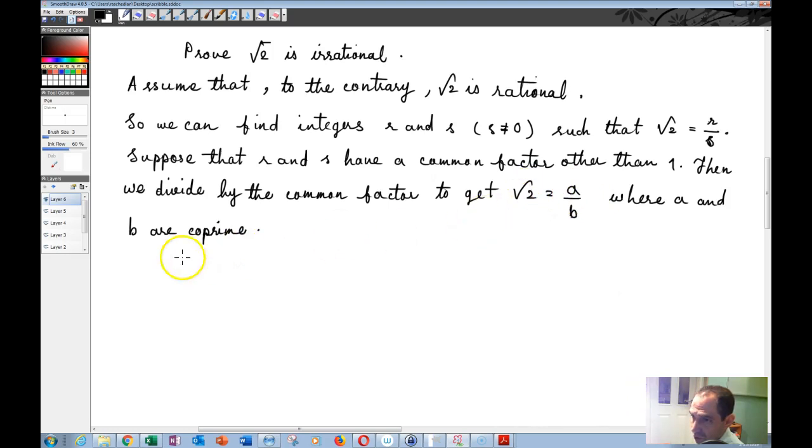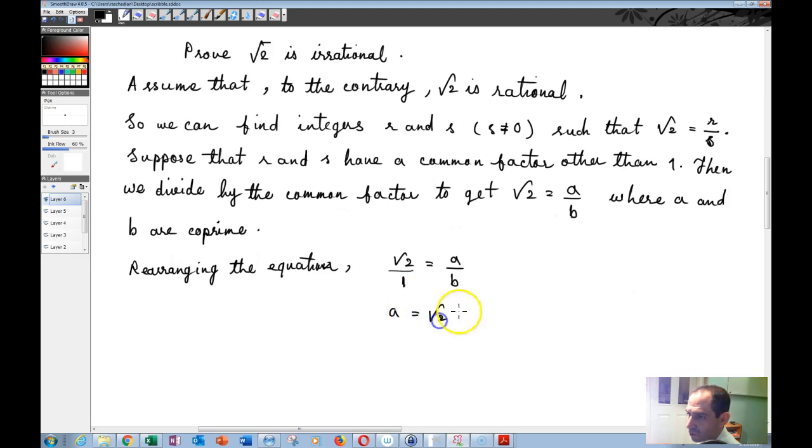Now rearranging the equation: if you give this a denominator of one and simply cross multiply, you will get a is equal to square root of 2 times b.